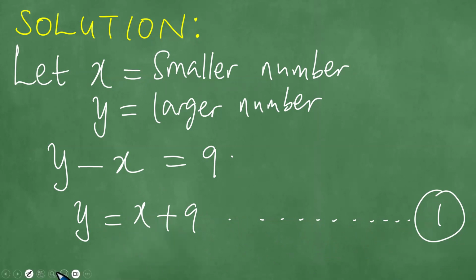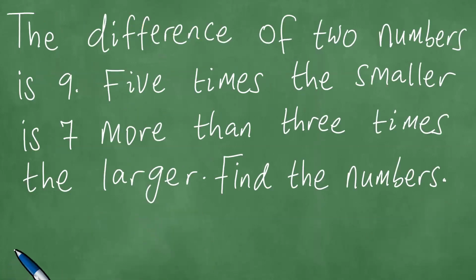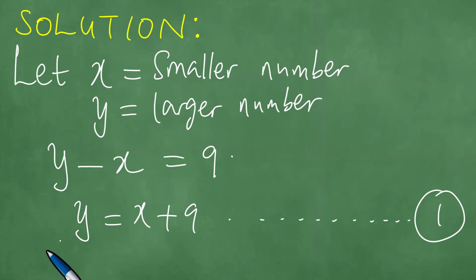Okay, so you have the second equation that is also important, and it says 5 times the smaller is 7 more than 3 times the larger. In other words, the smaller one is x, so we're going to do 5 times the smaller, so it is 5x.